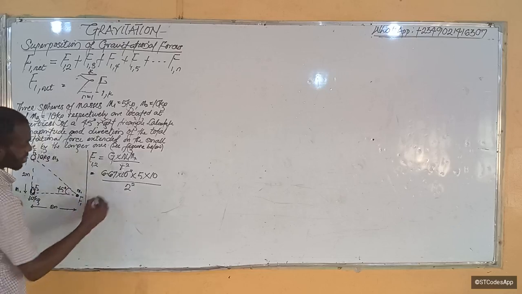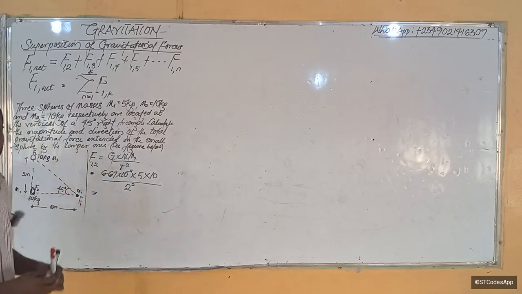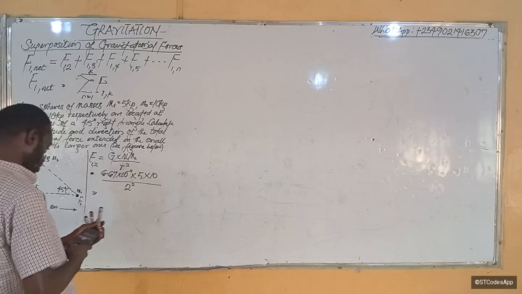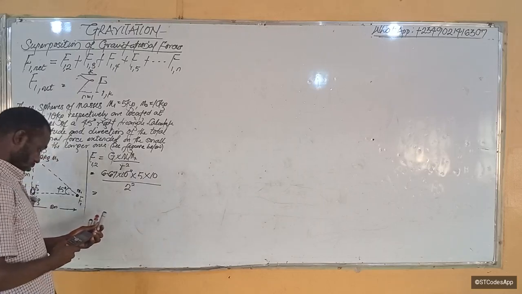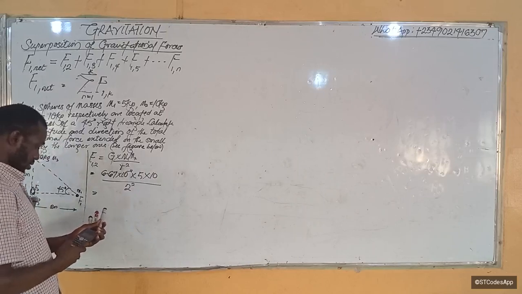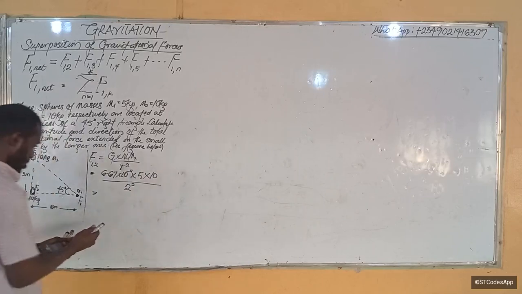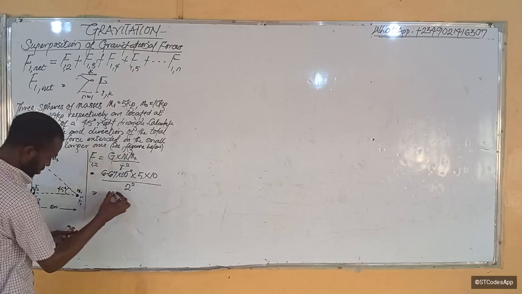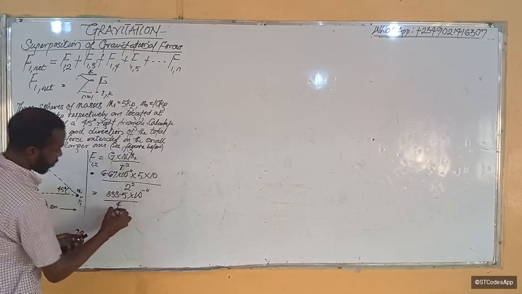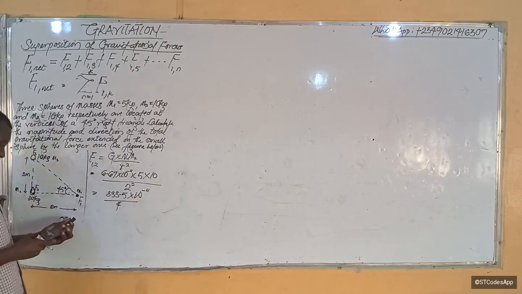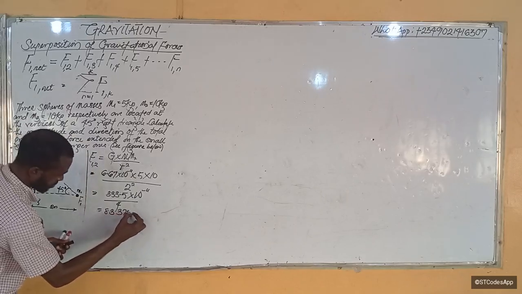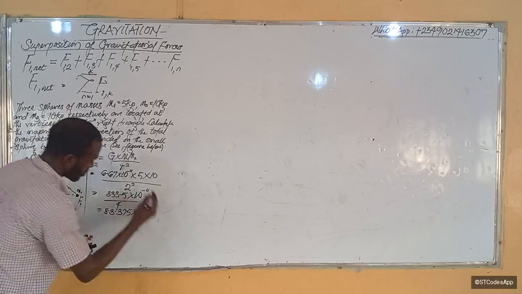You need a calculator. 6.67 times 50 is equal to 333.5 times 10 to the power minus 11, over 4. So equal to 83.375 times 10 to the power minus 11.